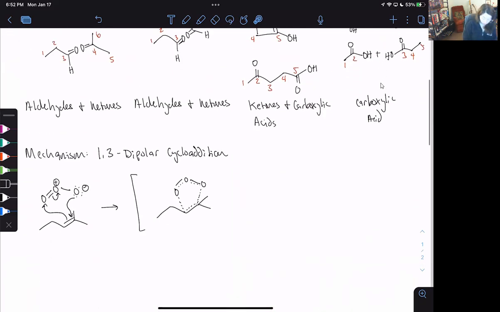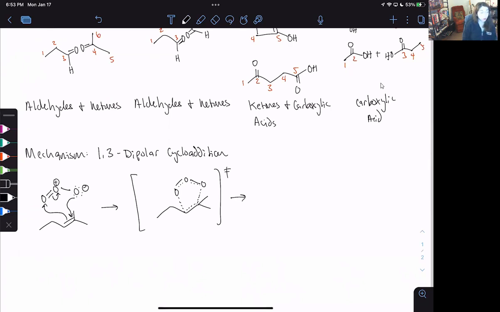So that's why I added this one. But the key point of a cycloaddition reaction or any pericyclic is that you've got that dotted line of electrons in a full circle around the system that is seeing the reaction occur. So that is my transition state. You don't really need to know that too much, but there it is.